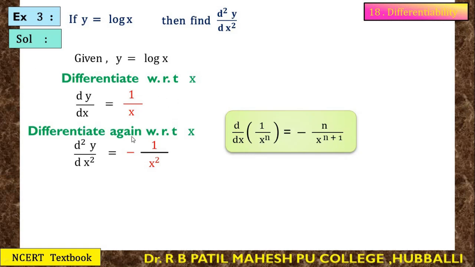Otherwise, you have to simplify this using laws of indices. It becomes x raised to minus 1 and then you follow the x raised to n formula. You will get the same answer. You are writing directly minus 1 upon x square. For that, you have to follow this formula. So this is the second derivative of the y function.